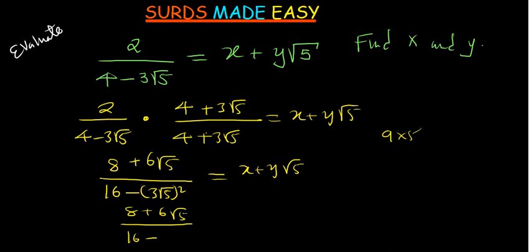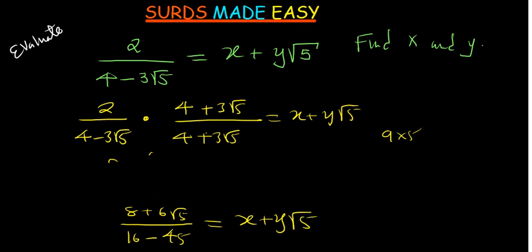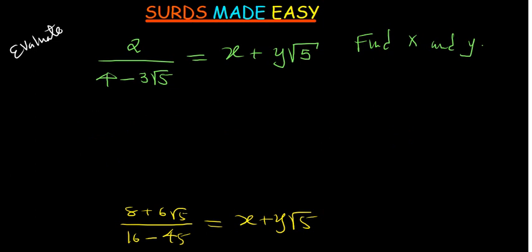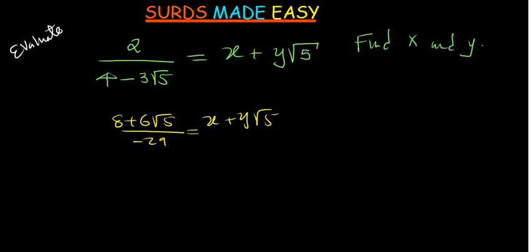That's 45. And this is supposed to be equal to x plus y root 5. And then you just get to add what's down. So we've got 8 plus 6 root 5 over 16 minus 45. That's negative 29. And that is equal to x plus y root 5. And then from here we're going to distribute the negative 29 because it applies to both parts.